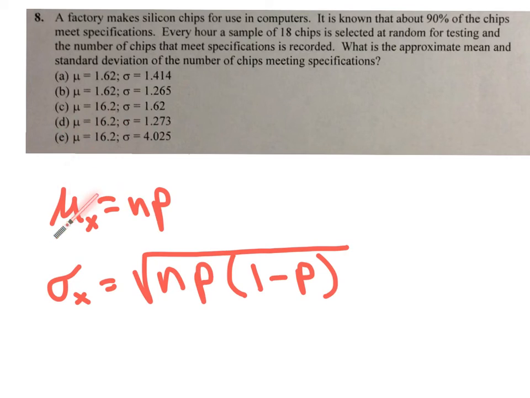Pretty straightforward if you remember these formulas. They're not asking you anything about normal approximation, because this situation actually doesn't work for that. They're just asking about these answers right here. So the answer is D. Hope you got it right. Let's do the next question.